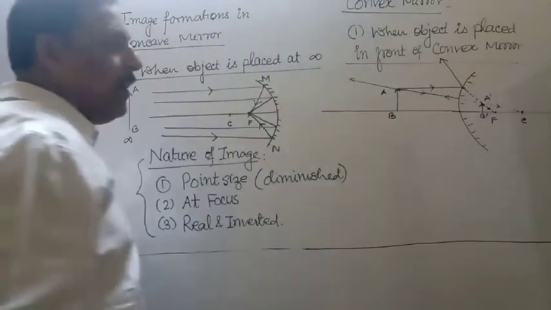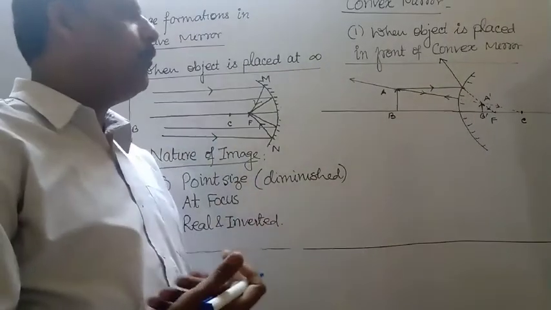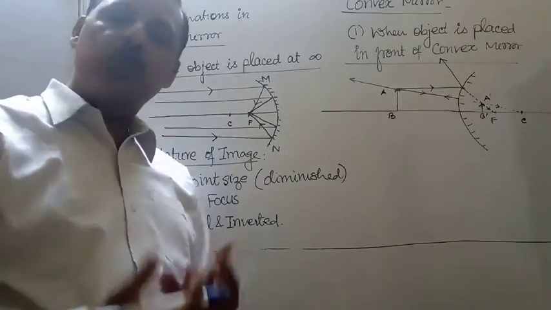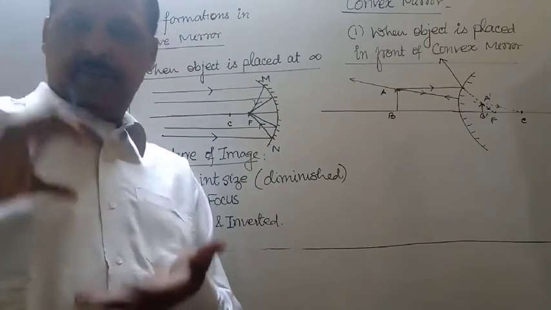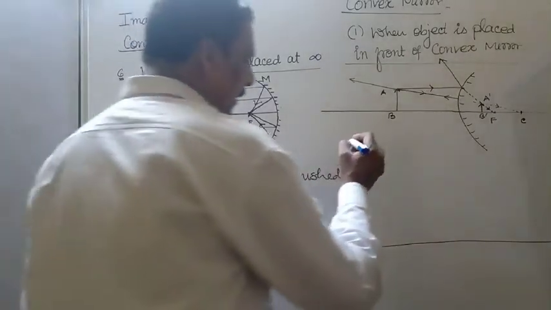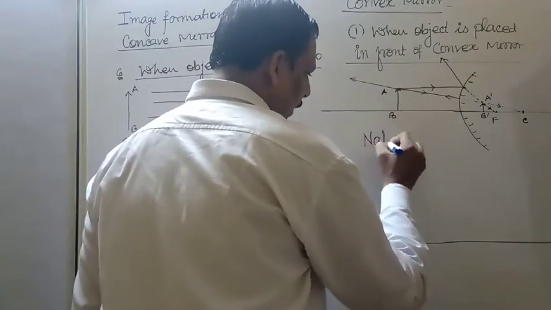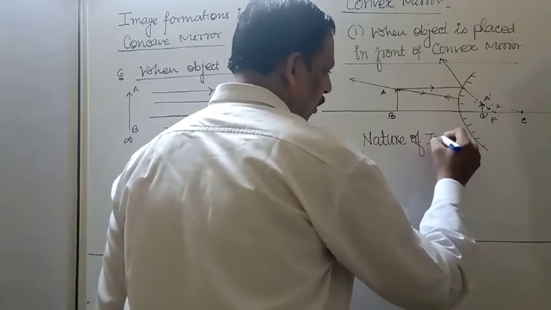Now all images which are behind the mirror will be virtual and erect. Erect means straight. Then what will be the nature of the image formed?